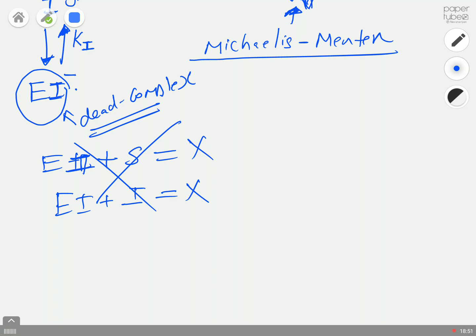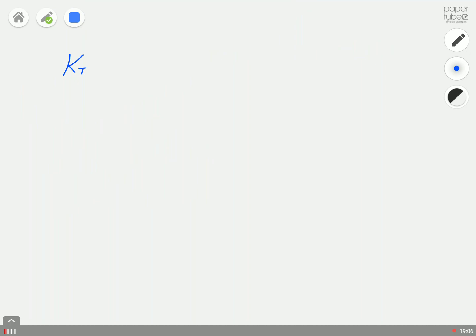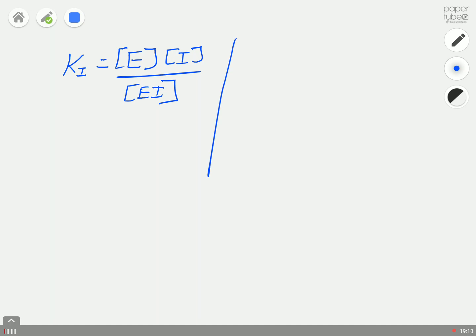So let's derive the expression. Let's focus on enzyme plus inhibitor associating to form the enzyme inhibitor complex. We have an equilibrium constant, Ki, which will be equal to the concentration of enzyme multiplied by the concentration of inhibitor, divided by the concentration of the enzyme inhibitor complex. I hope you all know this general rule in chemistry.